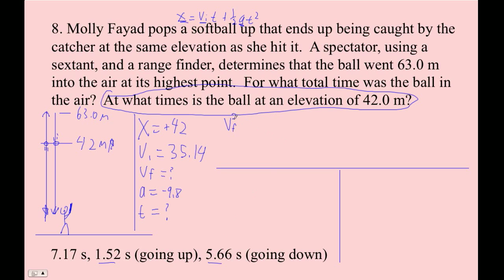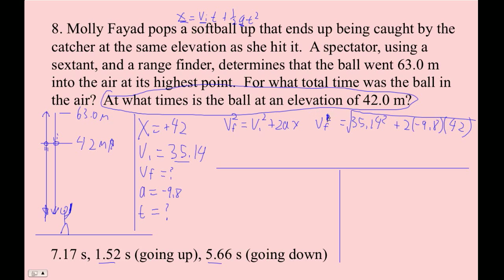I'm going to choose VF squared equals VI squared plus 2ax. So VF squared equals 35.14 squared, using the initial velocity, plus 2 times negative 9.8 times 42. I'm going to take the square root of both sides, which gets rid of the square.